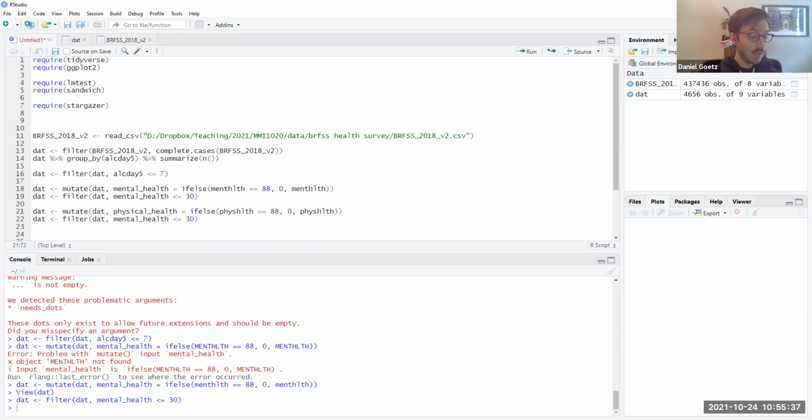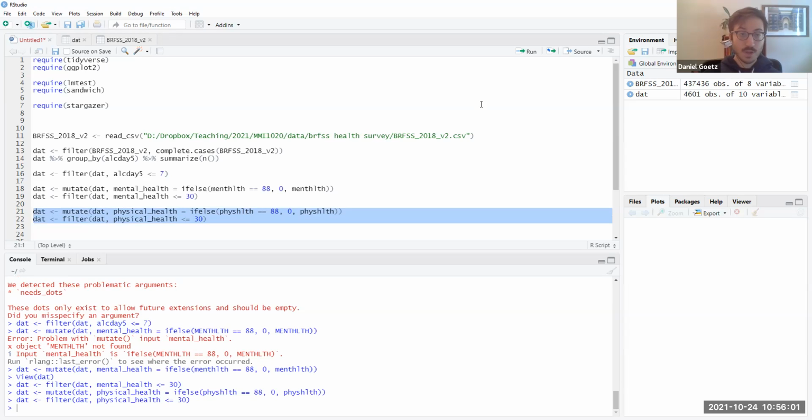It should be kind of the same. Yeah, so 1 to 30 still, and then 88 is none, 77 is don't know, not sure, 99 is refuse to answer. So physical health has the exact same kind of coding structure as mental health. So we'll just use our exact same pieces of code.